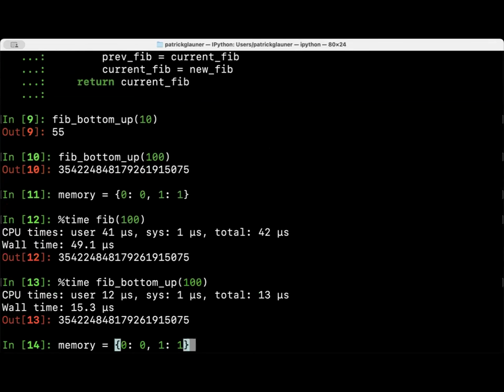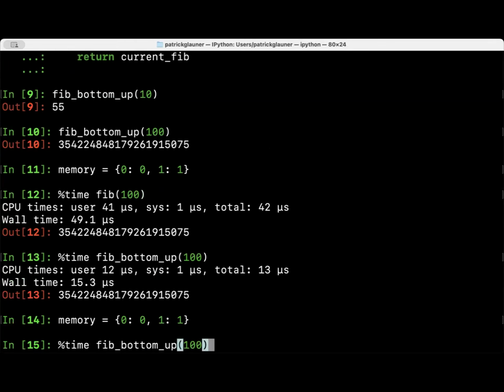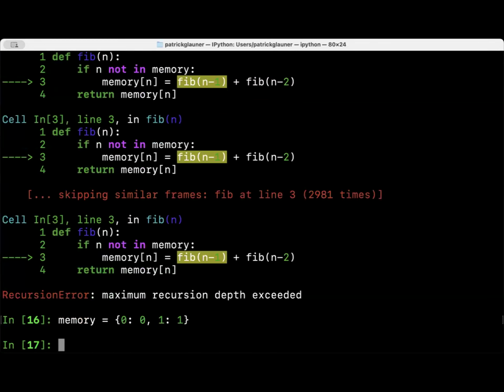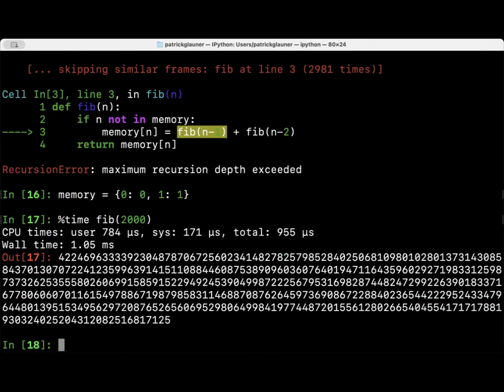But we could try this again for a different Fibonacci number. So we can say fib for 10,000, for example. Well, the problem is now we have reached the maximum recursion depth with the top-down approach. So we can say probably 2000 on this system should still work with the recursion level.